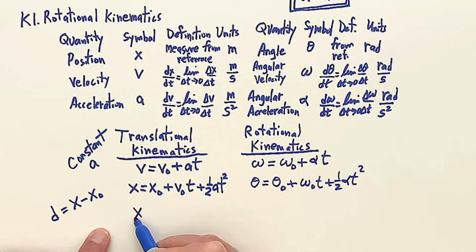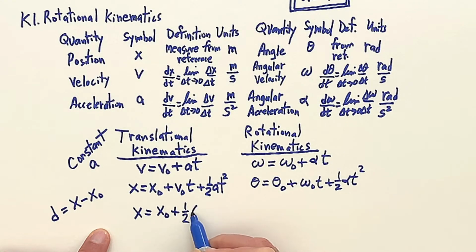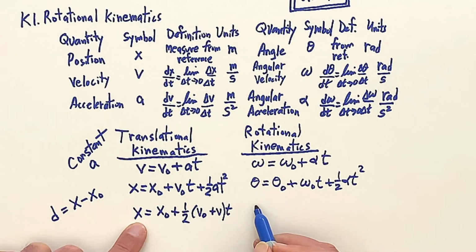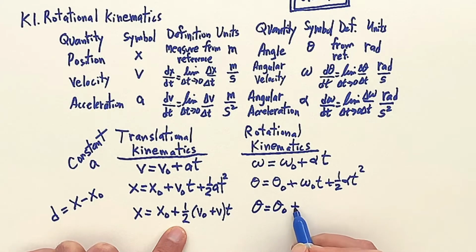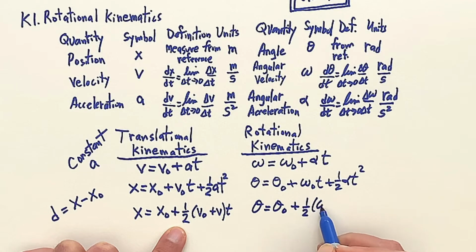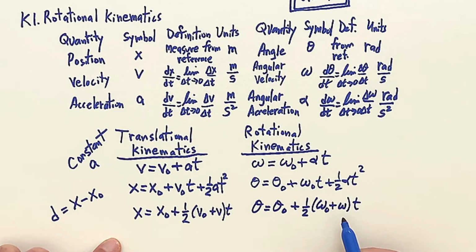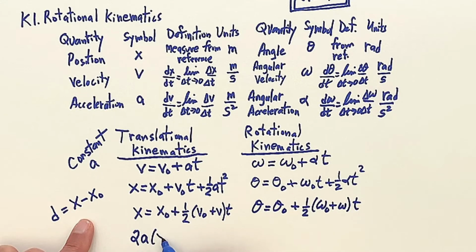Then we have the equation X is X naught plus the average speed times T. So this would be over here, theta is theta naught plus 1/2 omega naught plus omega times T. And the last equation, sometimes I wrote as 2AD, but I'll just write X minus X naught, and that's equal to V squared minus V naught squared.